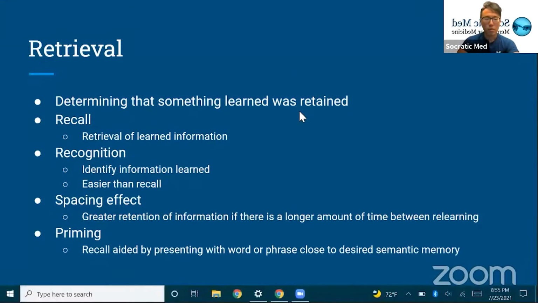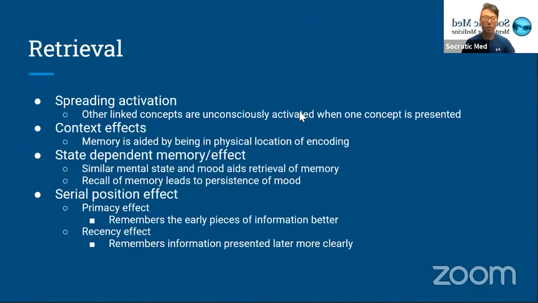All right. And some other concepts related to priming, it's called spreading activation. That's when other linked concepts are unconsciously activated when one concept is presented. Let's say I present the word blue to you. You'll start thinking of things blue, like the water, blueberries, stuff like that.